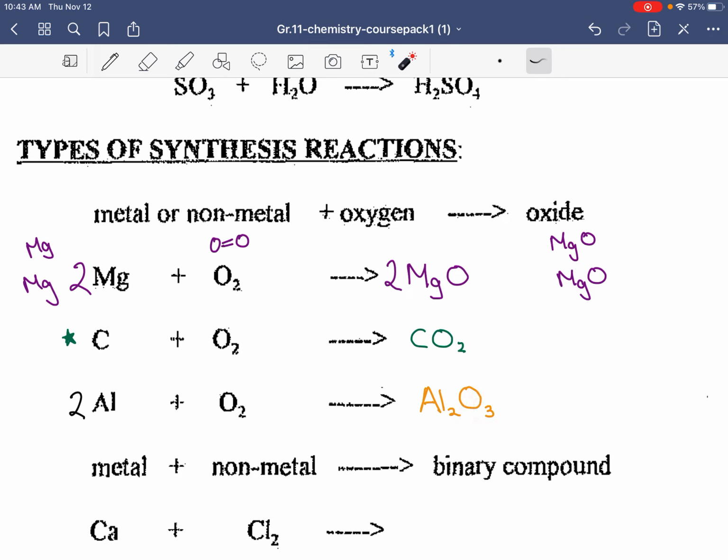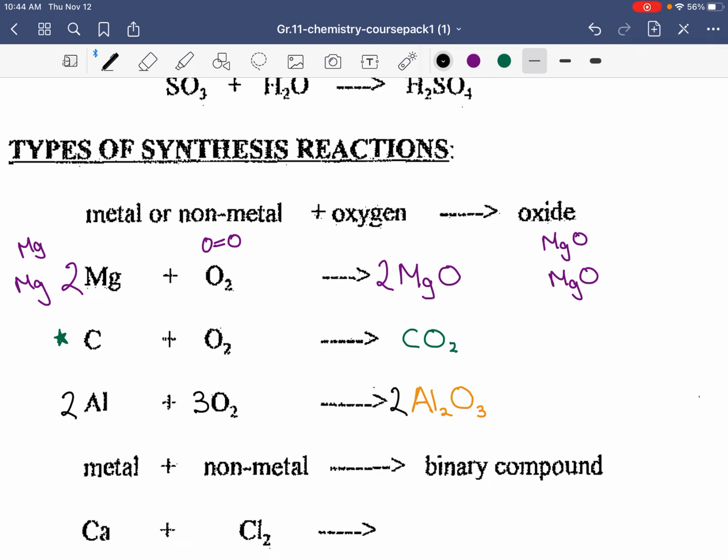Well, the common multiple for oxygen is 6. Common multiple. People get scared when they hear that. To get 6 oxygen on the left, you need to have 3 oxygen gas. There you go. 3 times 2 is 6. Which means I'm going to put a 2 here on the right because 3 times 2 is 6.